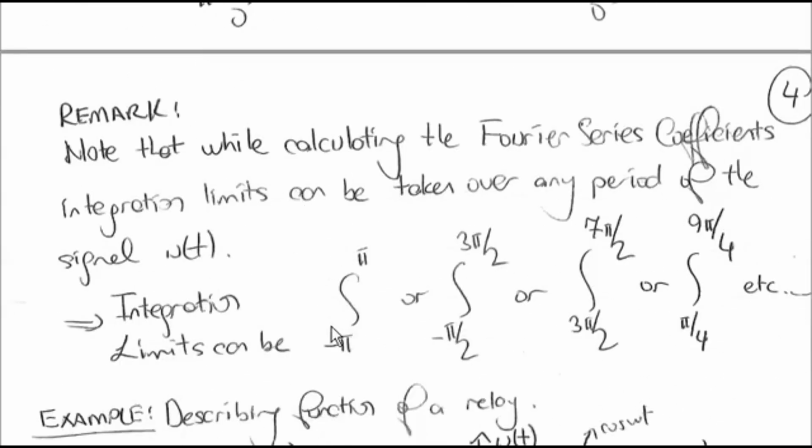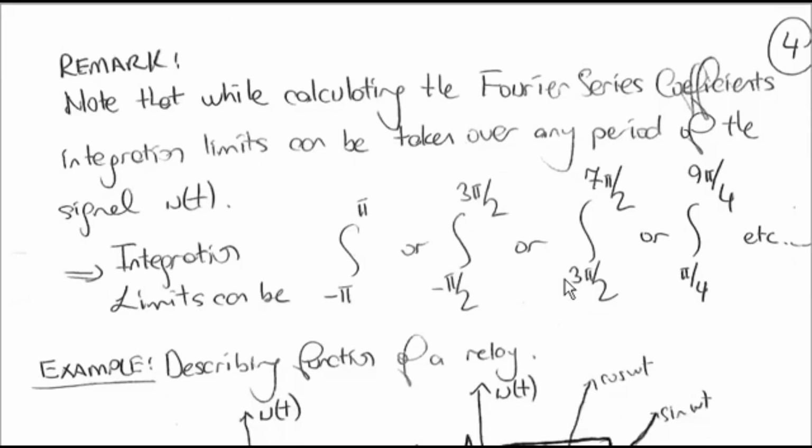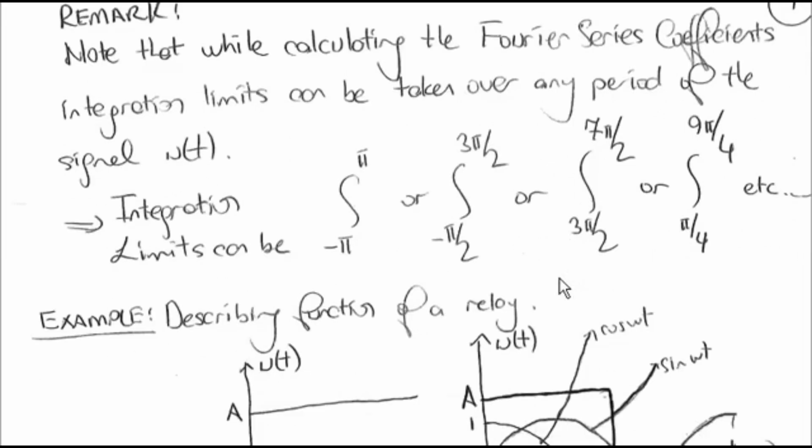So instead of from 0 to 2 pi, I can take the integral from minus pi to pi, or minus pi over 2 to 3 pi over 2, etc. As long as you cover the 2 pi distance here, you are fine. This is going to be useful sometimes to reduce the amount of effort that we spend for taking these integrals.